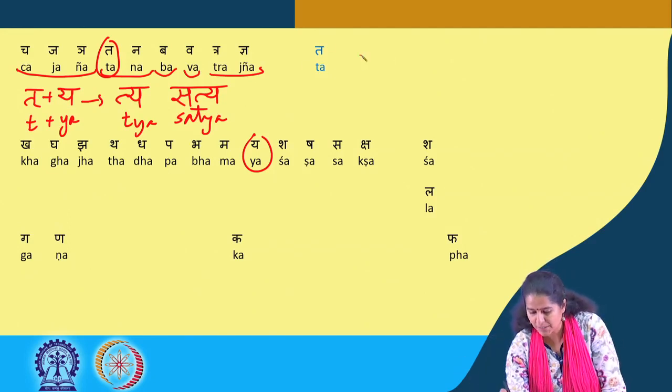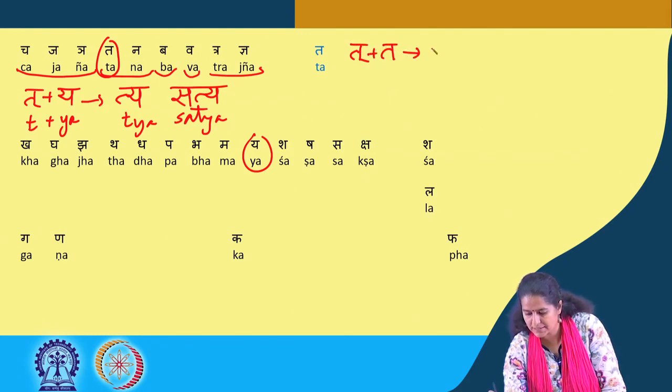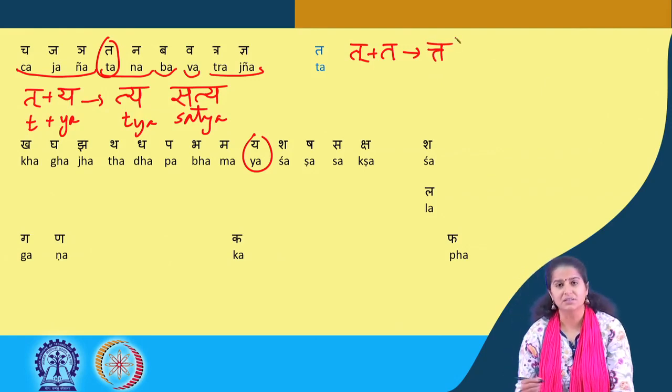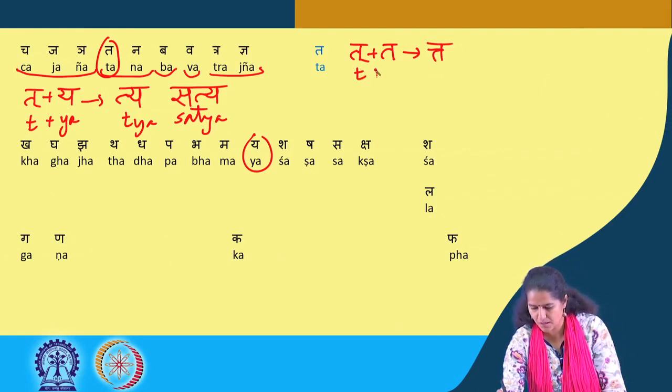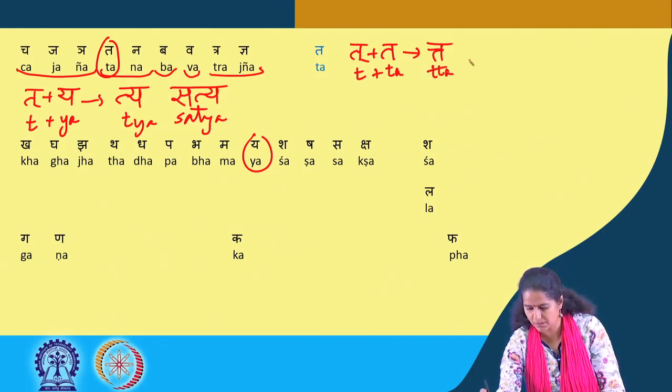So that's why I have kept it apart. So when a th combines with another th, then it becomes like a double decker a little bit. Th, like that. Okay, so th plus th is a double th.